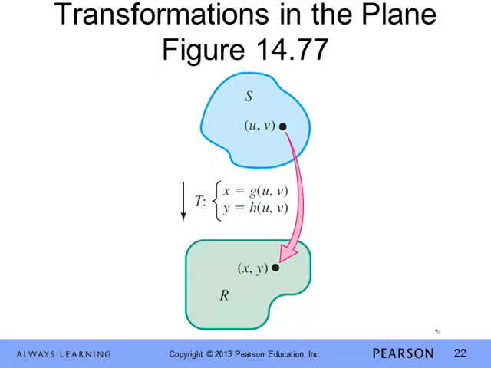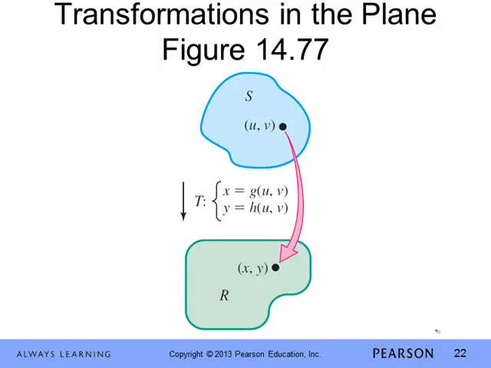So just to translate this notation here, T is the name for transformation, given by where x is going to be some function of u and v, and y is going to be some other function of u and v. And of course, we can solve for u and v in terms of x and y if we really wanted to as well.